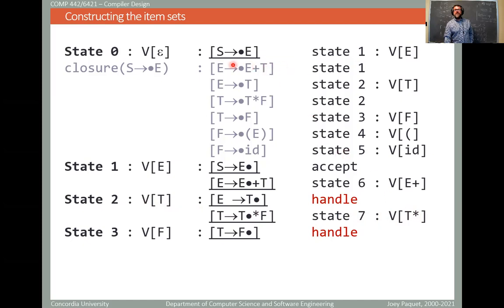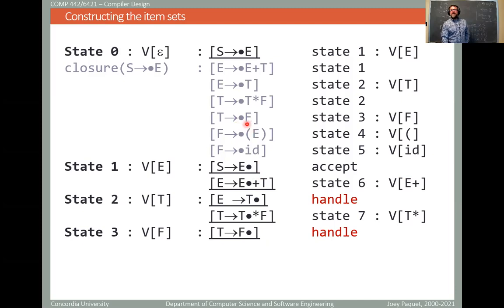State 1 was V of E, state 2 was V of T, state 3 was V of F, state 4 was V of open parenthesis, state 5 was V of ID. In state 1, as I moved the dot from here to here, I get V of E plus. So state 6 is V of E plus, right?